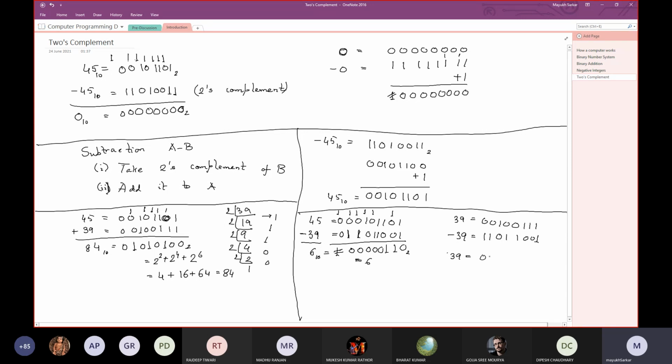So 39 will be 0 0 0 1 0 0 1 1 1. Just check that I have added an extra 0 here. So minus 39 will never be this. Minus 39 will be 1 1 1 0 1 1 0 0 1. So this 0 here simply does not fit. This does not represent minus 39.